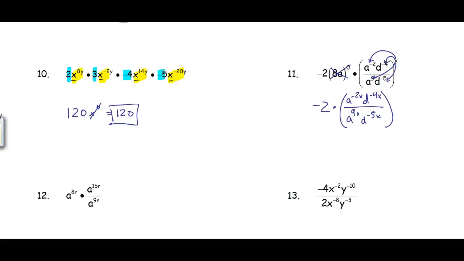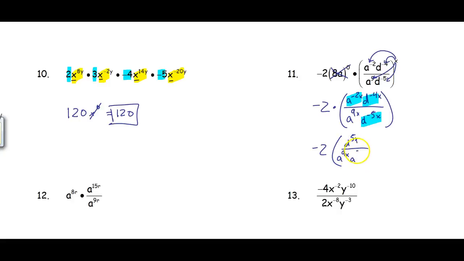We have to keep simplifying on the inside of these parentheses. You can do all of those, flip them around because they're negatives. So you're left with d to the 5x on top, over a to the 9x on the bottom.